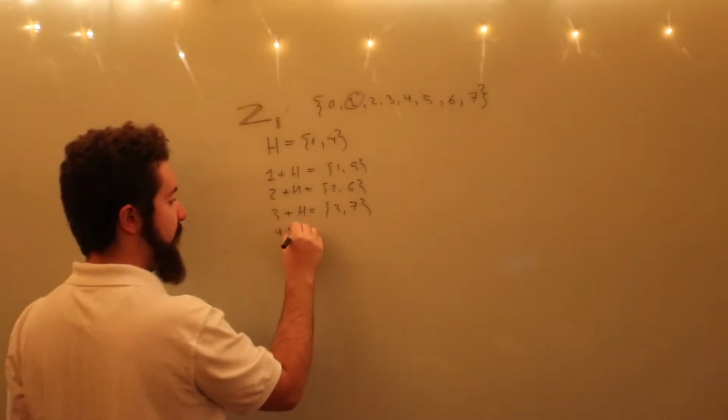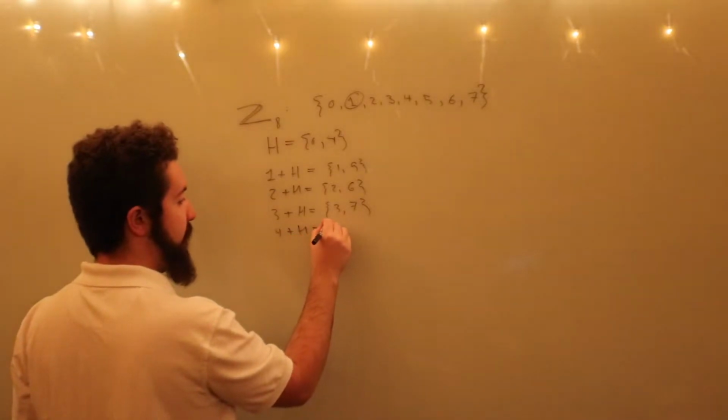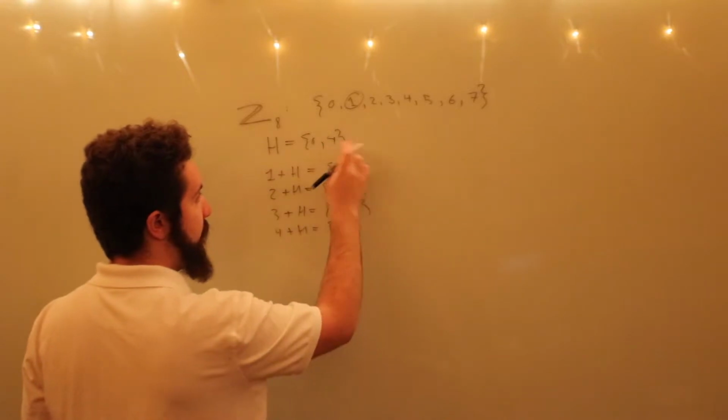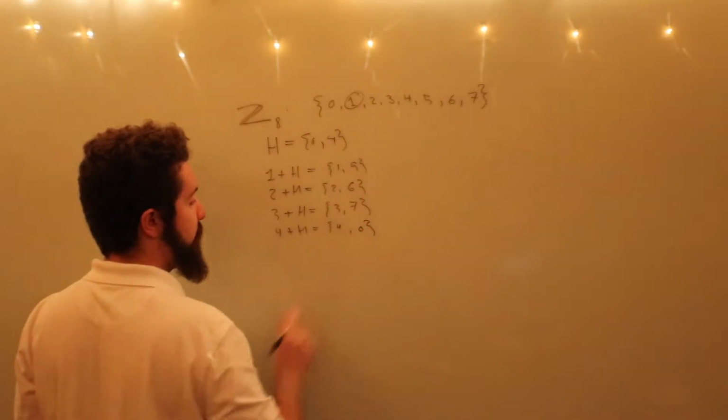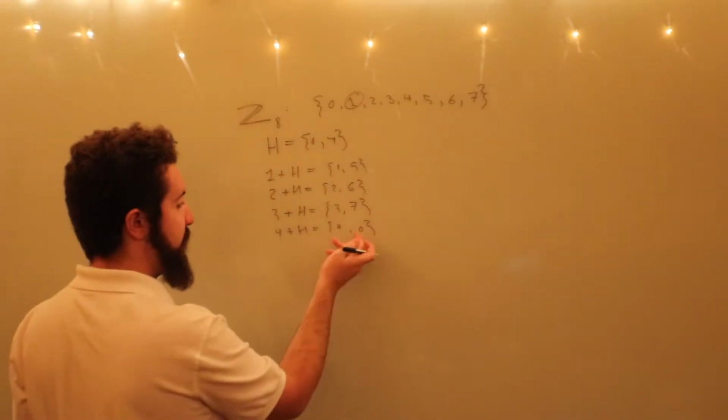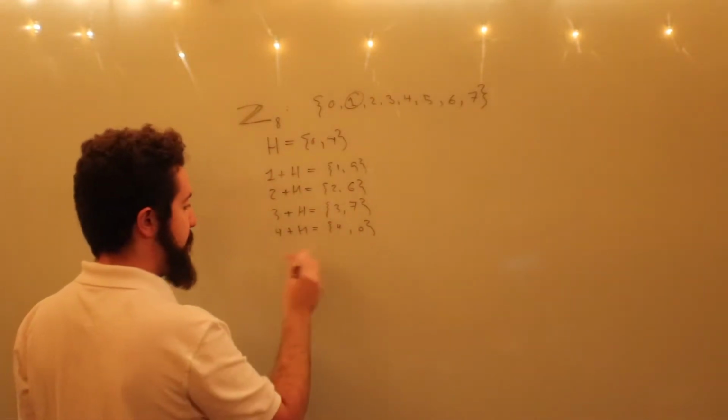And then 4 plus H is going to be equal to 0 plus 4 is 4, and then 4 plus 4 is 0, right? But this is actually our subgroup H, right? It's just we reversed the order, but it doesn't matter.